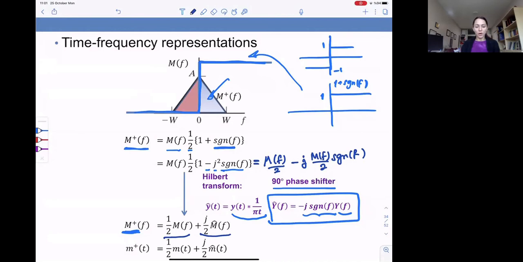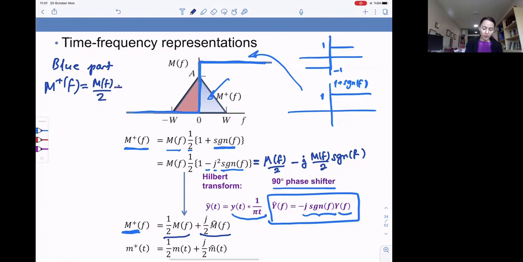Any questions so far? So the blue part, which is M plus of F, turns out to be M of F over 2 plus J over 2 M Hilbert. That's it.